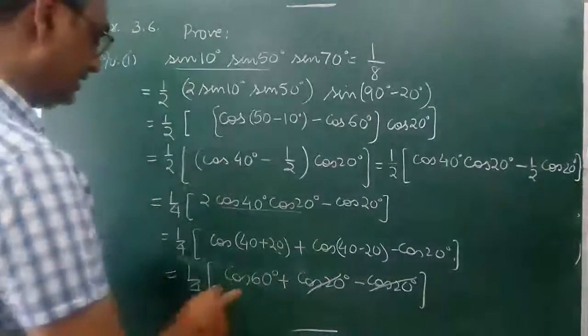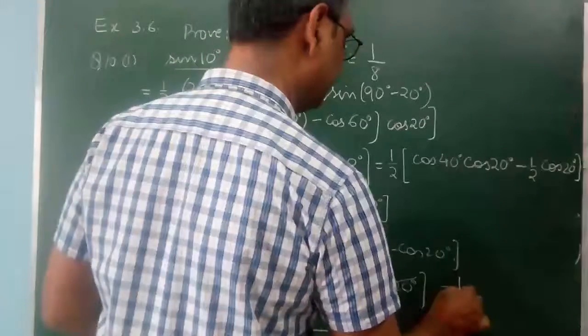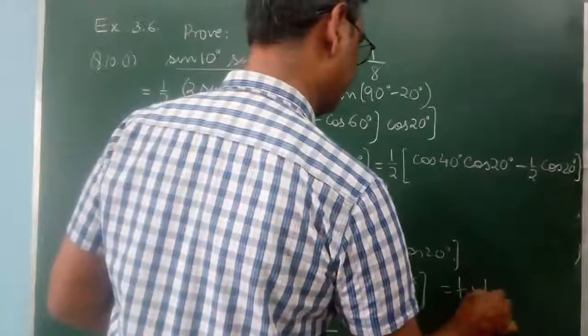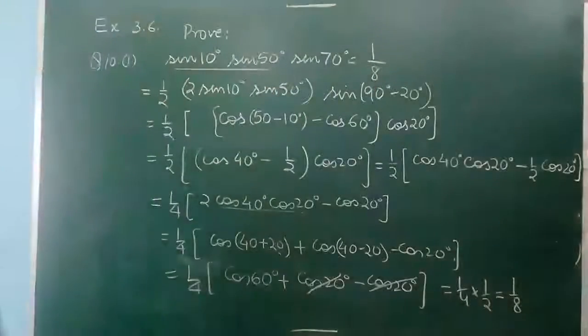This will be getting cancelled. Cos 60 is 1 by 2. So here it will be 1 by 8.